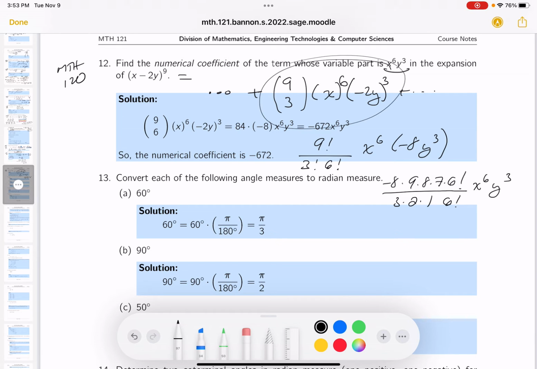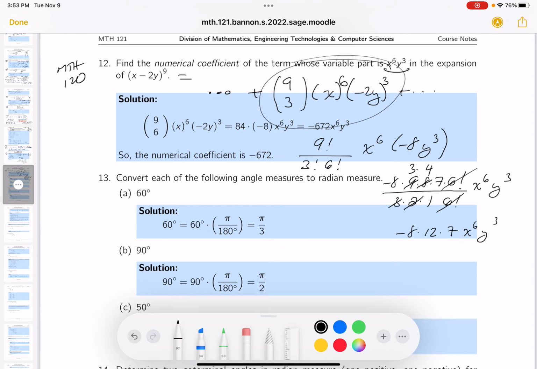What's nice about this is there are some cancellations happening. So this cancels off. I'm going to say 2 goes into 8 4 times. That's not so bad. And 3 goes into 9 3 times, all right? So what are you left with? Minus 8 times, well, 3 times 4 is 12, right? And then you get a 7, x^6 y^3.